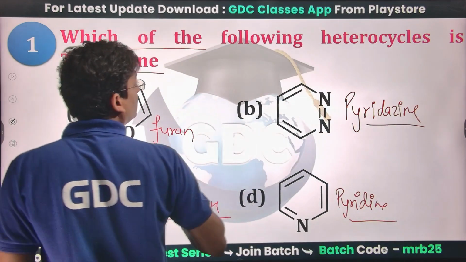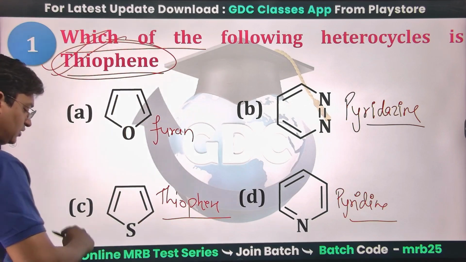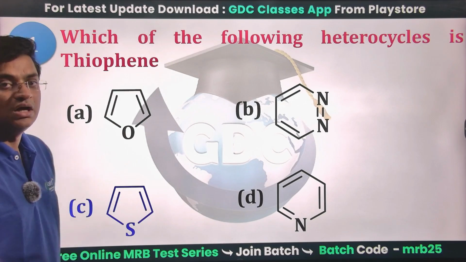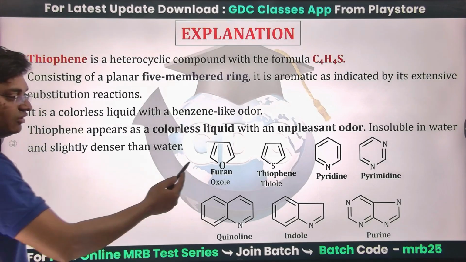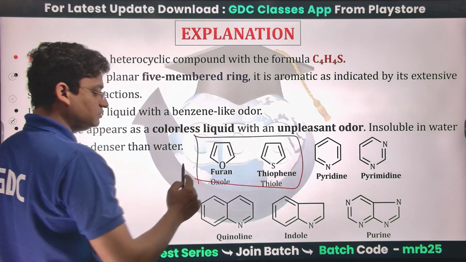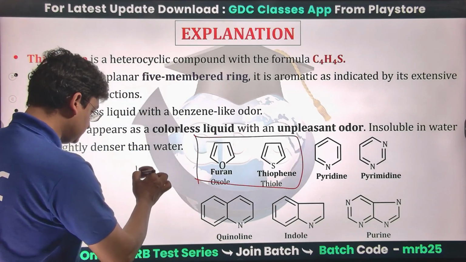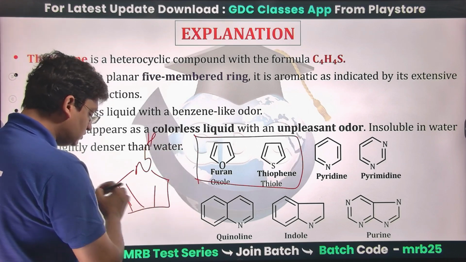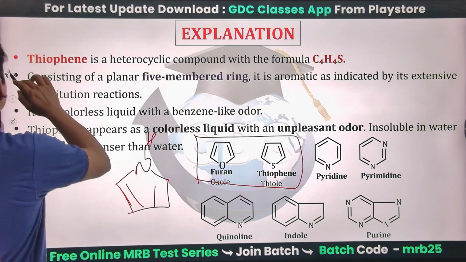So what has been asked in the question? It was asked about thiophene, so C will be the right answer. C is our thiophene structure. Furan and thiophene are both 5-member heterocyclic aromatic structures. And you can also have pyrrole, which is also a 5-member ring with a nitrogen heteroatom.